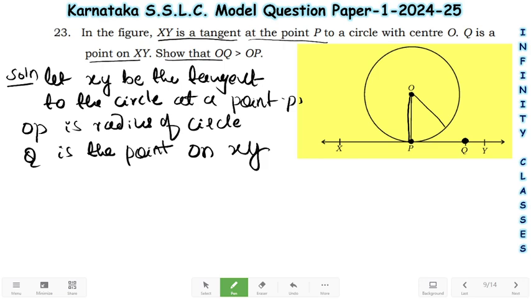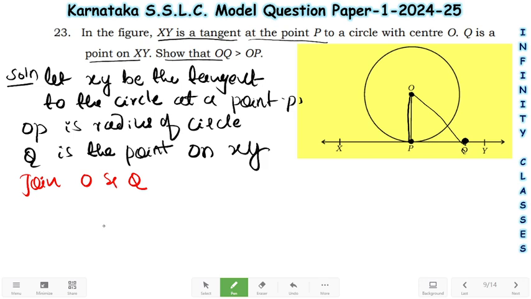This O and Q we are joining. Join O and Q.